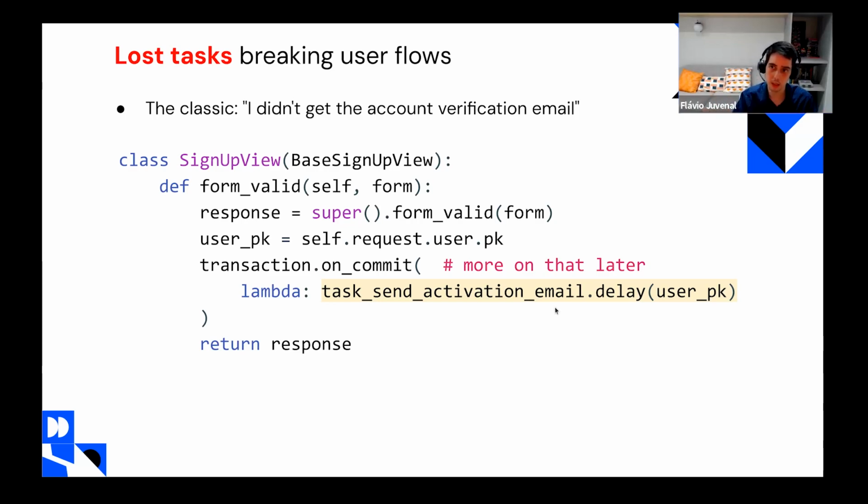You delay, you queue a task to send the activation email. I'll explain transaction on commit later, why that's necessary. But this is the regular flow. There's nothing wrong with this, but I just want to show you the regular flow of delaying a task after sign up, for example.